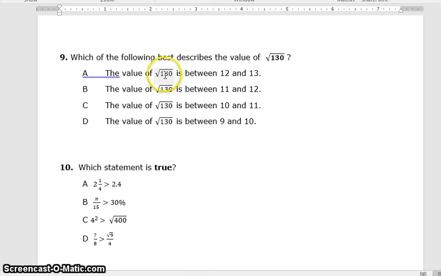A. The value of the square root of 130 is between 12 and 13. B. The value of square root of 130 is between 11 and 12. C. The value of the square root of 130 is between 10 and 11. Or D. The value of the square root of 130 is between 9 and 10.